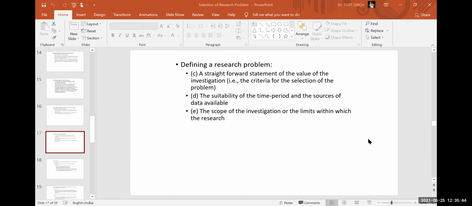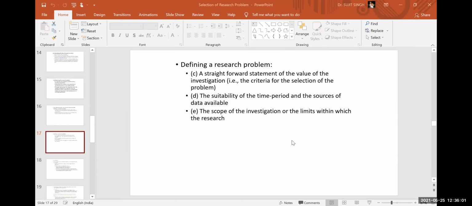Different kinds of research require different time limits. Some research requires 5 years, some 10 years, something like that, right? Some research can be performed in 1 year and like that, okay?